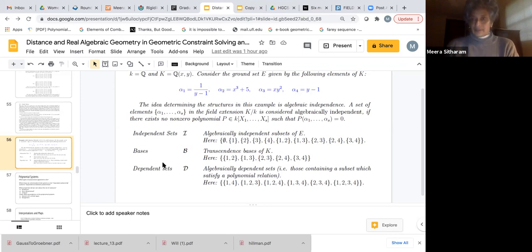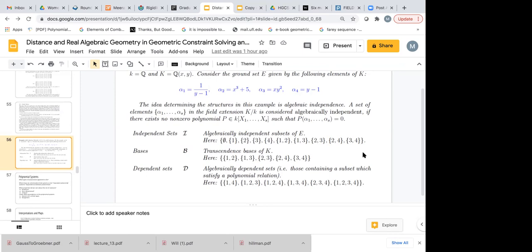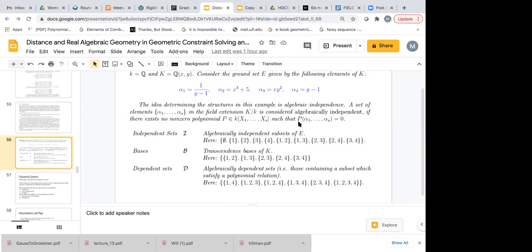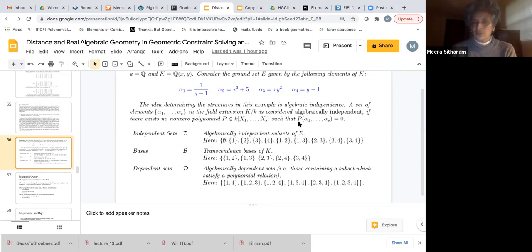Okay. Dr. Sitharam? Yes. When you have that independent set 1, 2, is that saying that there's no polynomial whose coefficients are alpha 1, alpha 2? No. You can think of a polynomial of these polynomials.